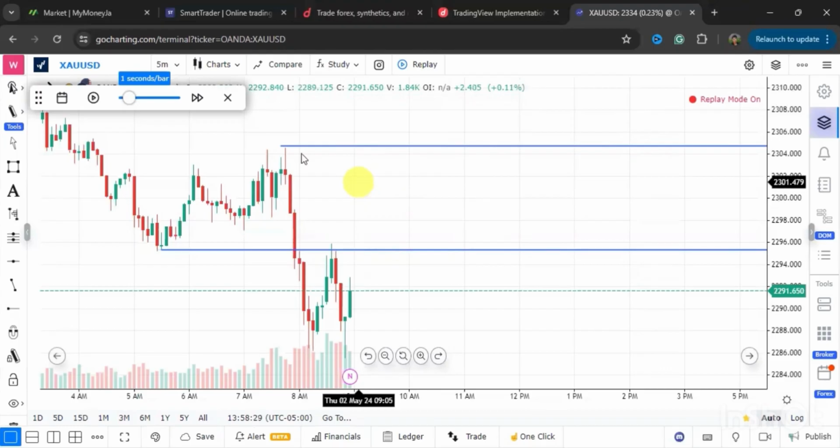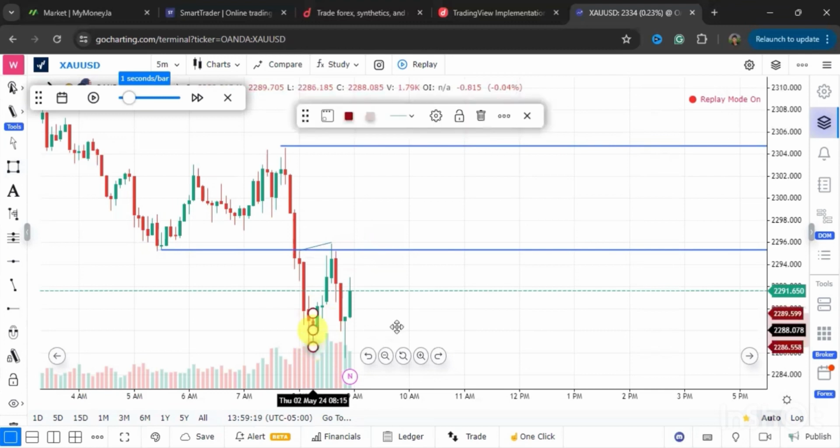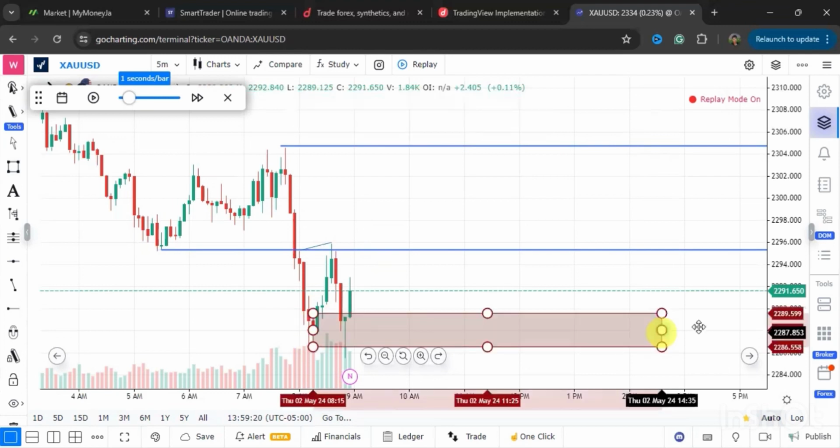So basically, guys, what has happened? We have our buy side liquidity, we have our sell side liquidity. Sell side liquidity has been swept, right? What do we know? Follow change of character, break of structure, the order block, and the order block would be here to here. Drag it out, right?